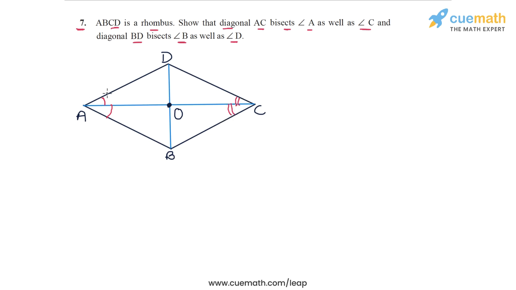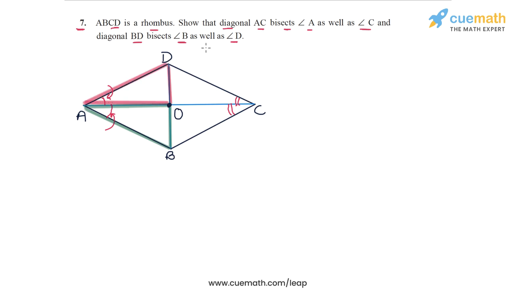Now I will show that the two parts of the angle at A are equal, and then we can similarly show that the angles at B, C and D are also bisected. To show that the angle at A is bisected, I am going to compare triangle AOB with triangle AOD.